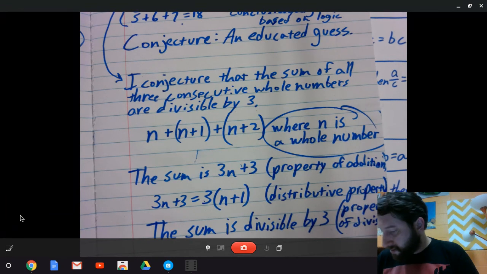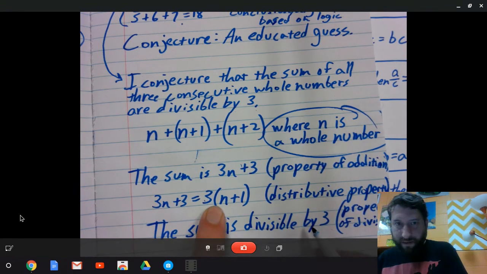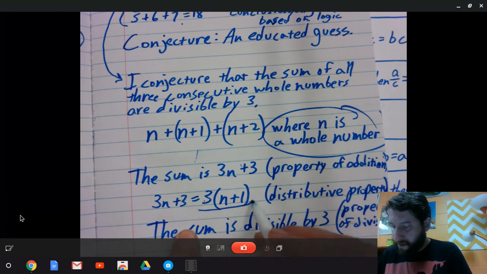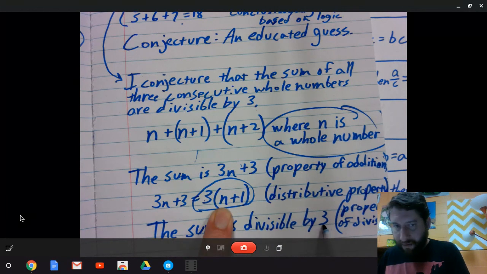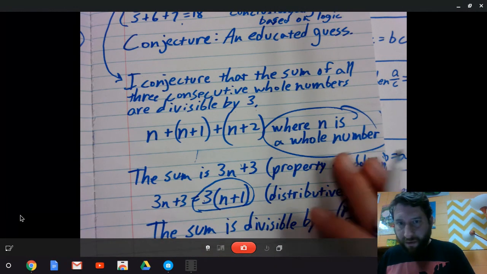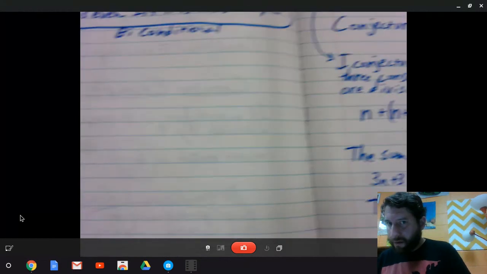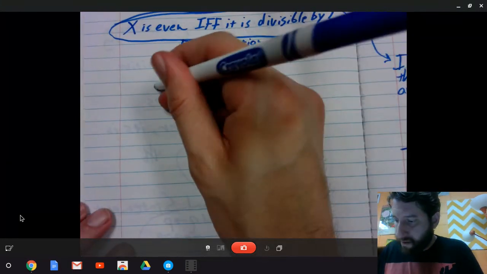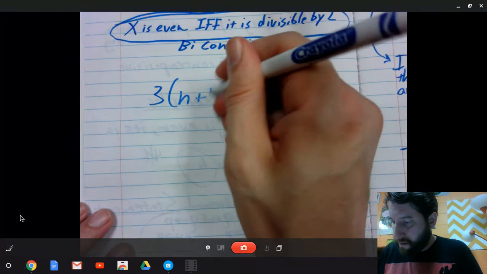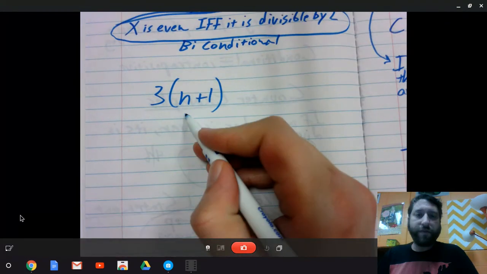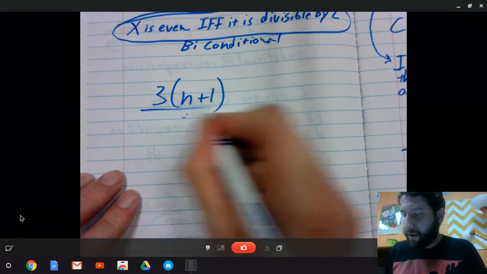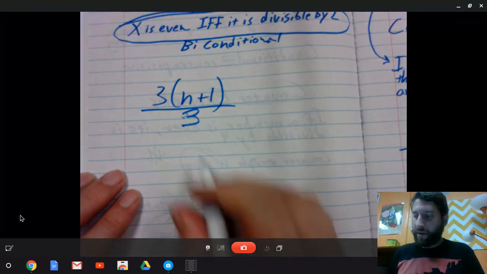So I say that this is divisible by 3. So this right here, this is divisible by 3. Let me show you what I mean. When I say this right here is divisible by 3, I mean if I divide it by 3, that's what I mean, divisible by 3.